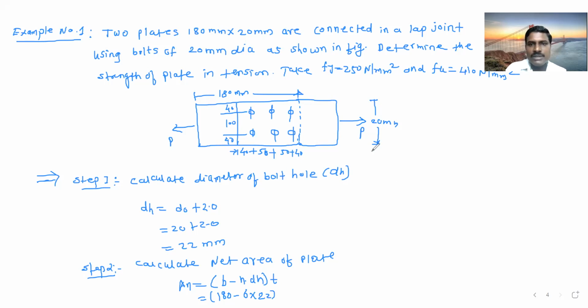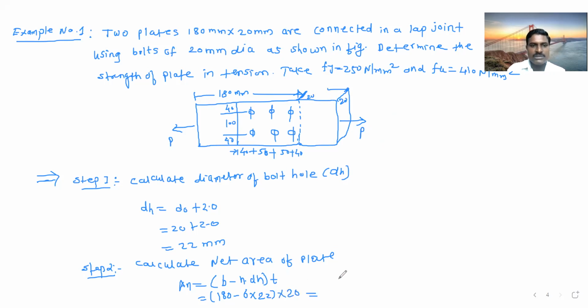Actually, the thickness they have given is 20 mm, and we have used width here, so please erase this. This is your 20 mm. So here into 20.